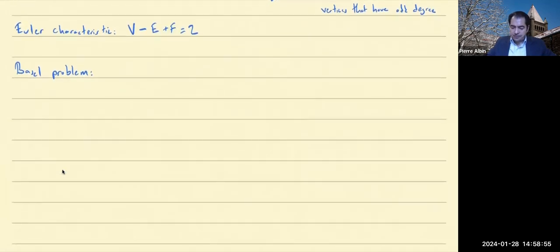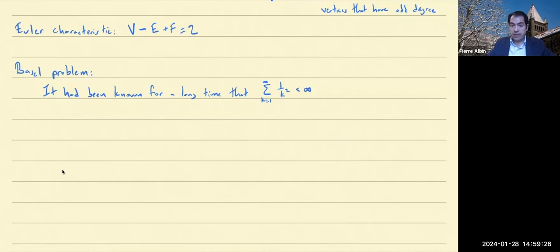So the Basel problem, it had been known for a long time that the sum of 1 over k squared, where k goes from 1 to infinity, was finite. Right? But nobody knew what it converged to, right?